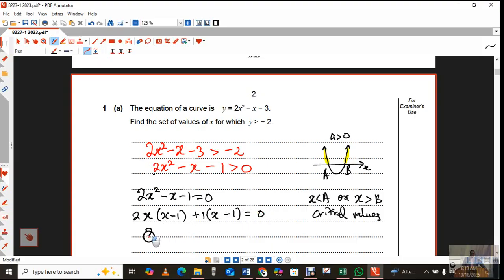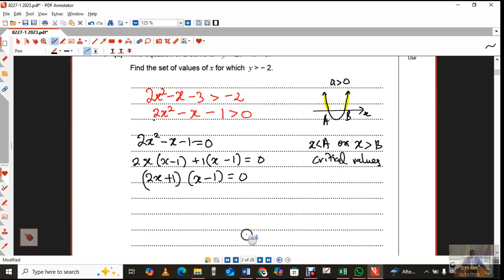Everything equals 0, so you have 2x plus 1 in its own bracket, and then the common bracket of x minus 1. This is going to help us calculate the unknowns. You let each bracket equal 0, then you can find the values. In this case, x is going to be negative 1/2, subtracting 1 and then dividing by 2, or x is going to equal 1.